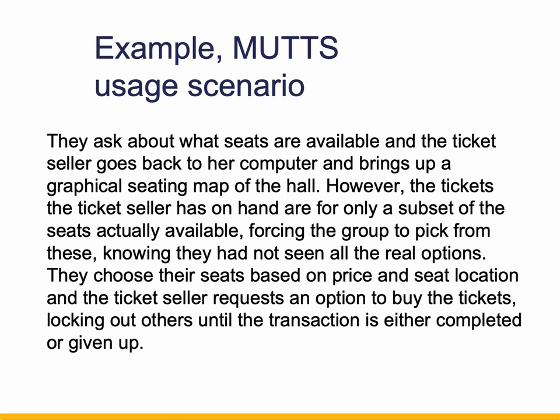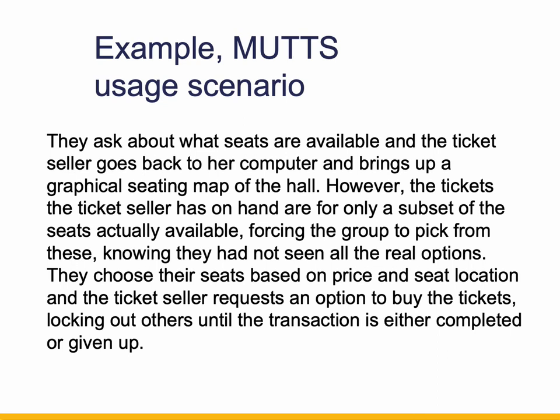So the group asks about the seats. The ticket seller has to return to her computer and bring up a graphic seat map. The tickets the seller has on hand are only for a subset of seats actually available, forcing the group to pick from these, knowing they had not seen all the real options.